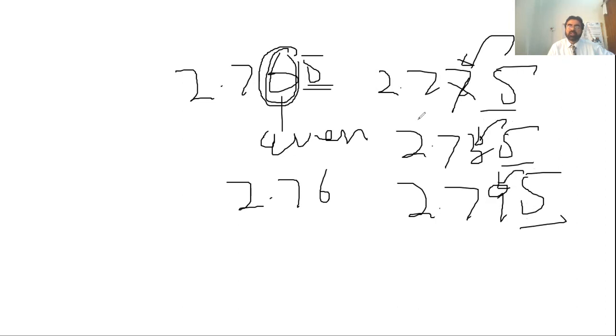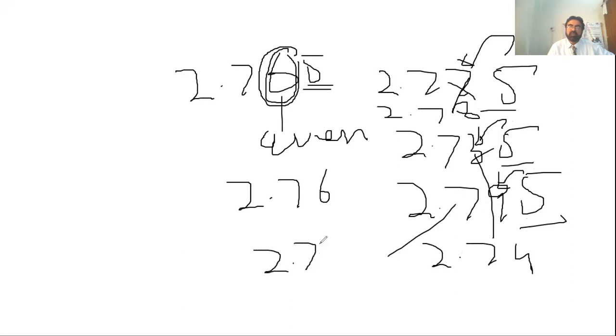So this will become 2.78, this will become 2.74, and this one will become 2.80. So this is what it means.